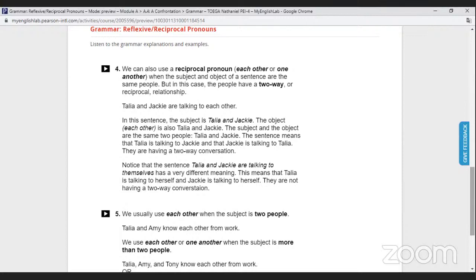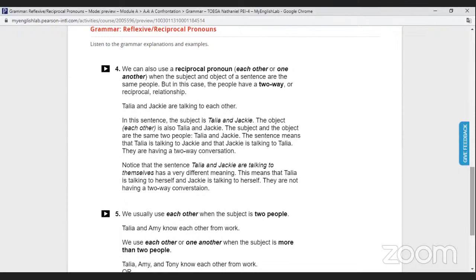The subject is Talia and Jackie, and the object, each other, is also Talia and Jackie. The sentence means that Talia is talking to Jackie and Jackie is talking to Talia. They're having a two-way conversation. Notice that the sentence Talia and Jackie are talking to themselves has a very different meaning. This means that Talia is talking to herself and Jackie is talking to herself. They are not having a two-way conversation.